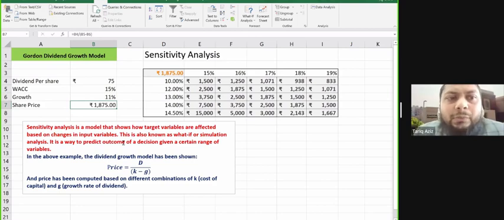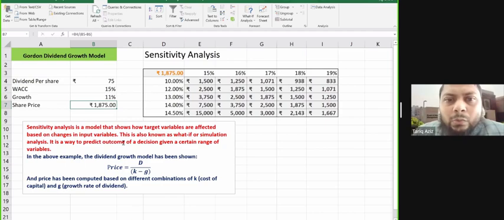So in this scenario, sensitivity analysis can be performed. Sensitivity analysis is a model that shows how target variables are affected based on changes in input variables. In this case, we have three inputs: dividend, weighted average cost of capital, and growth.